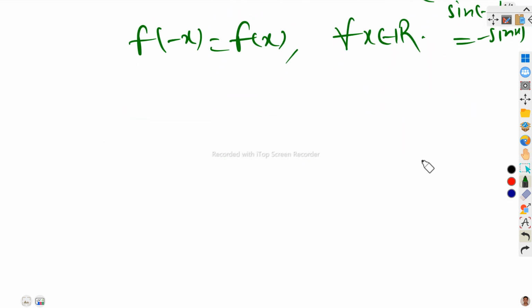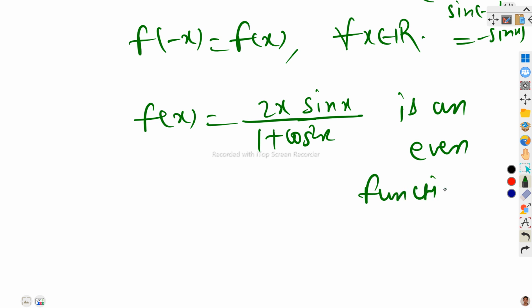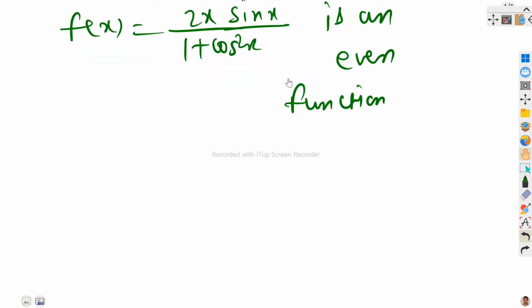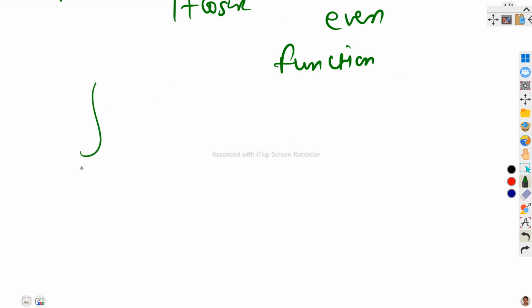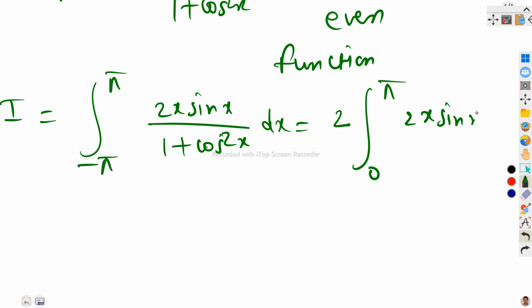Therefore this function f(x) equals 2x sin x upon 1 plus cos²x is an even function. So, by the rule of definite integration, I equals the integral from minus pi to pi of 2x sin x upon 1 plus cos²x dx, which can be written as 2 times the integral from 0 to pi of 2x sin x upon 1 plus cos²x dx.